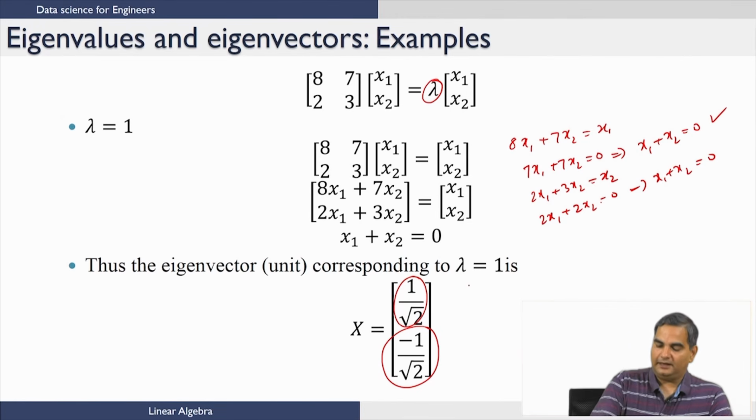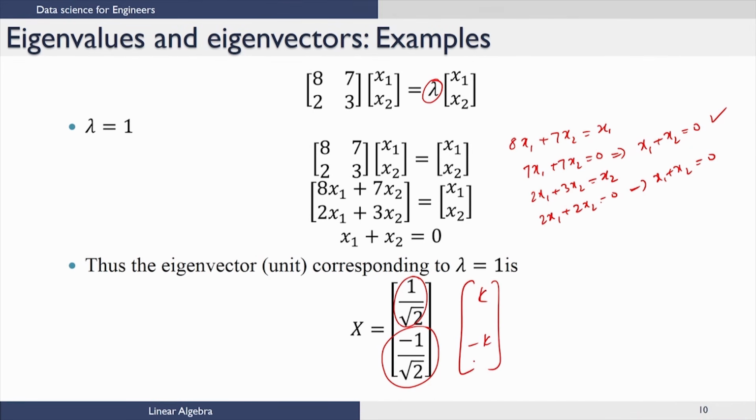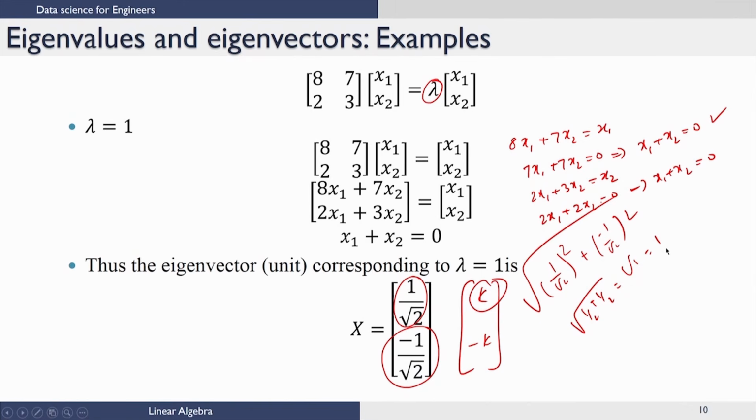Instead of picking any k, minus k as a solution here, we pick a k in such a way that the magnitude of this vector is 1. The magnitude of this vector will be the square root of (1 by root 2) whole squared plus (minus 1 by root 2) whole squared, which is root of half plus half, which is root of 1 equals 1. That way, we make this a specific eigenvector which has unit length.